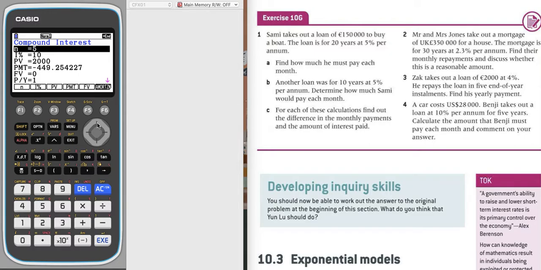So, comment on your answer. Well, I think I did comment there. So, 5 years, monthly payments, interest rate high, amount borrowed too much for a car. Payments is what we'll find out.